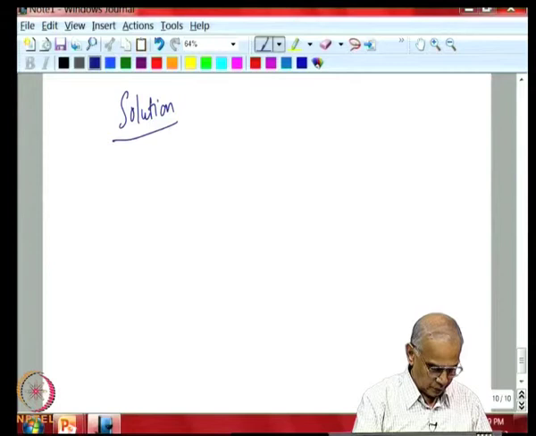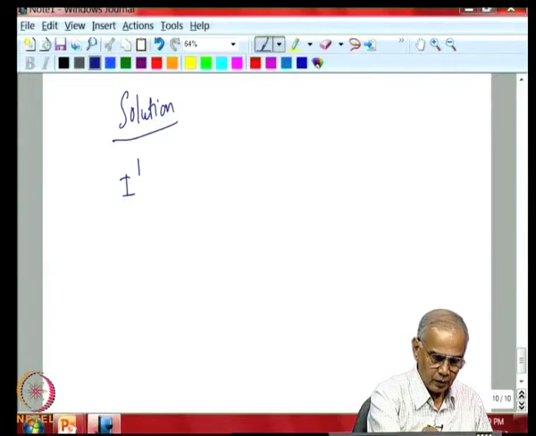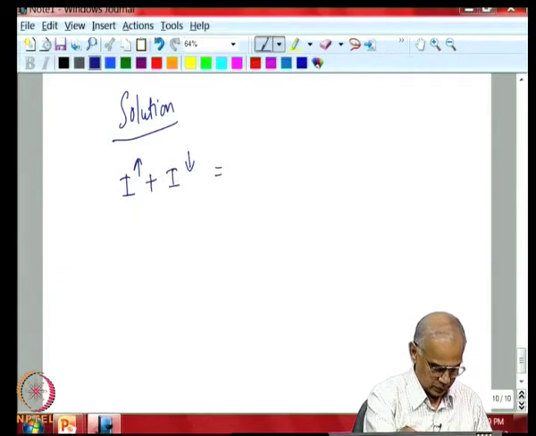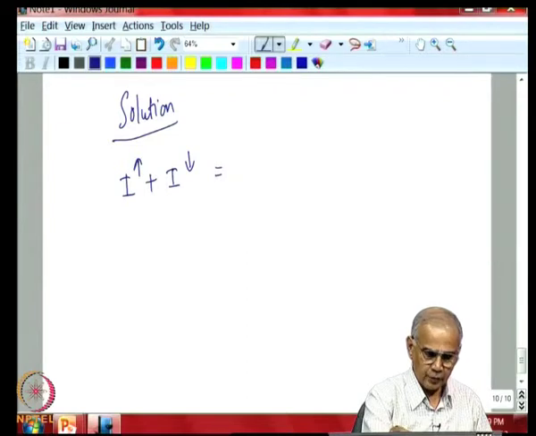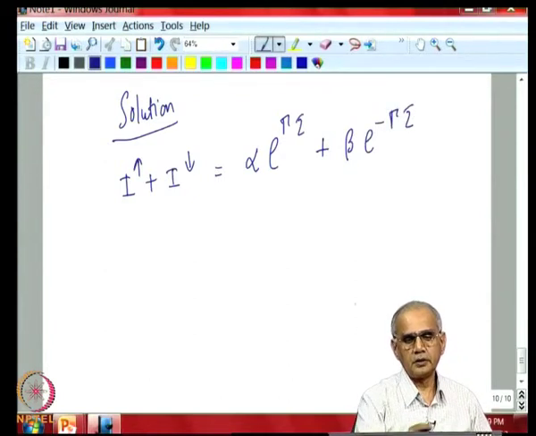So, the solution to this problem is I up plus I down is equal to some constant alpha e to the power of gamma tau plus some other constant beta e to the power of minus gamma tau, and a similar expression for I up minus I down.